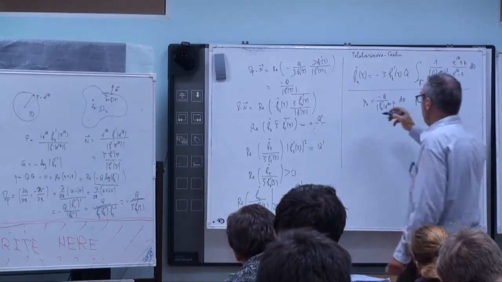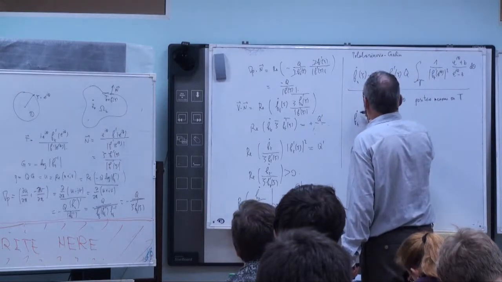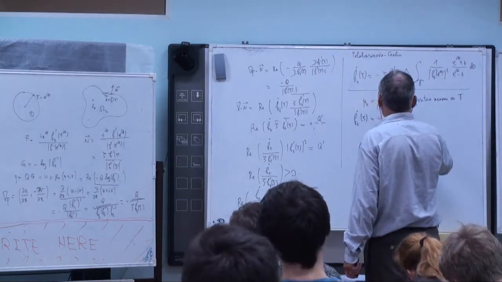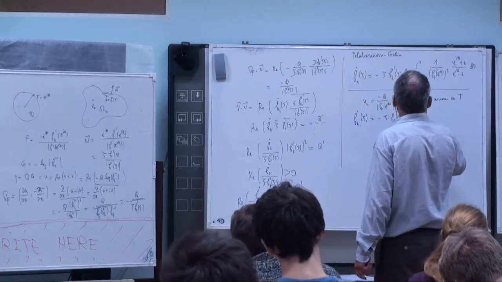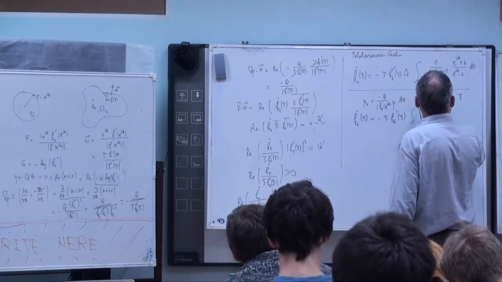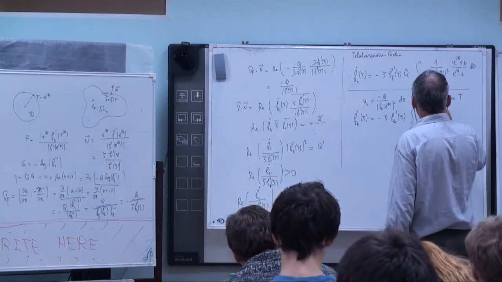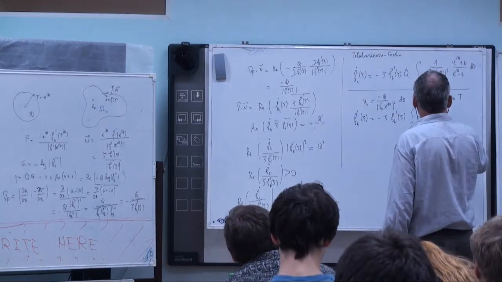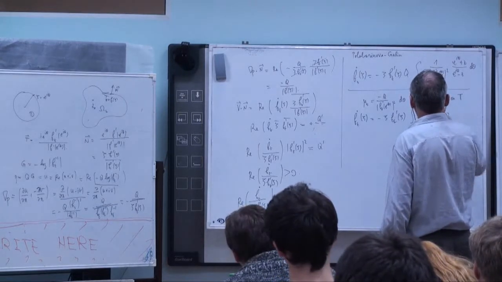Okay, and so we have the equation that ft dot of zeta equals minus zeta ft prime of zeta integral of e to the i theta plus z divided by e to the i theta minus z d mu t of theta.